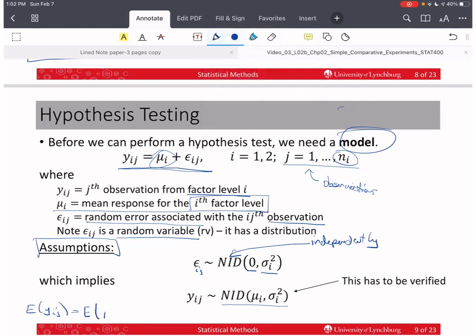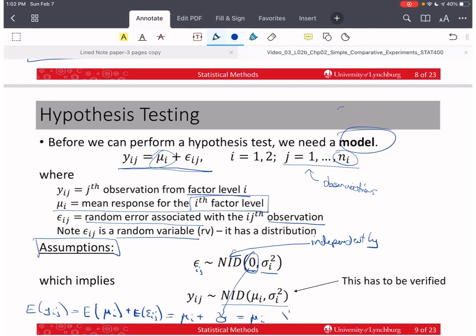E of mu i, which is a constant, plus E of epsilon ij, which is going to equal mu i plus the expected value of epsilon ij. The mean is the expected value, so that is 0, and so that is mu i. The mean of Yij is going to be mu i.